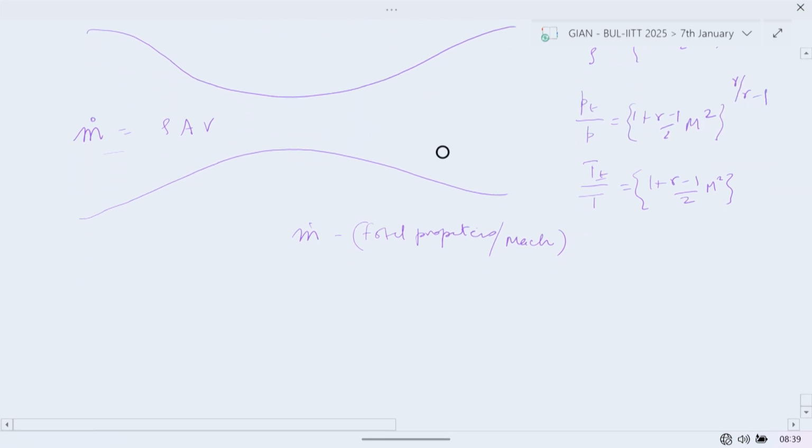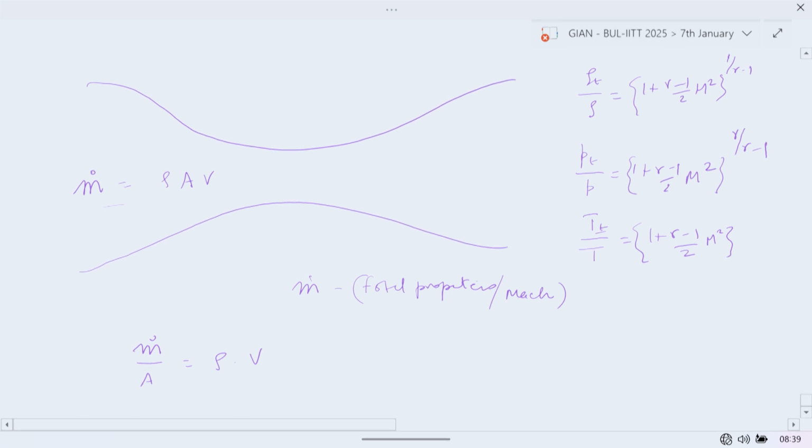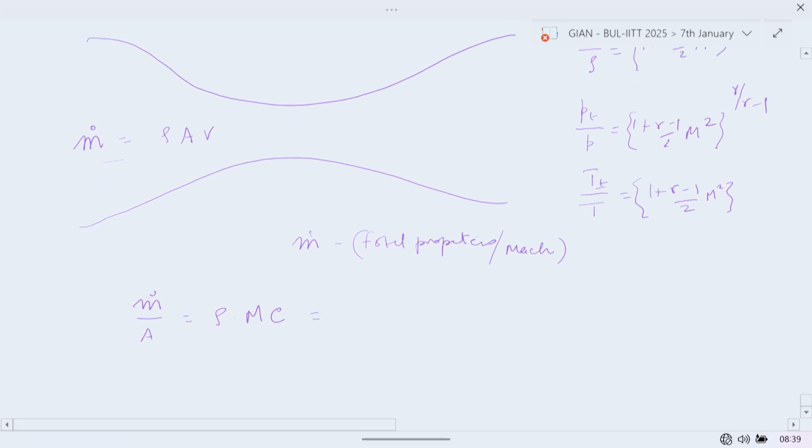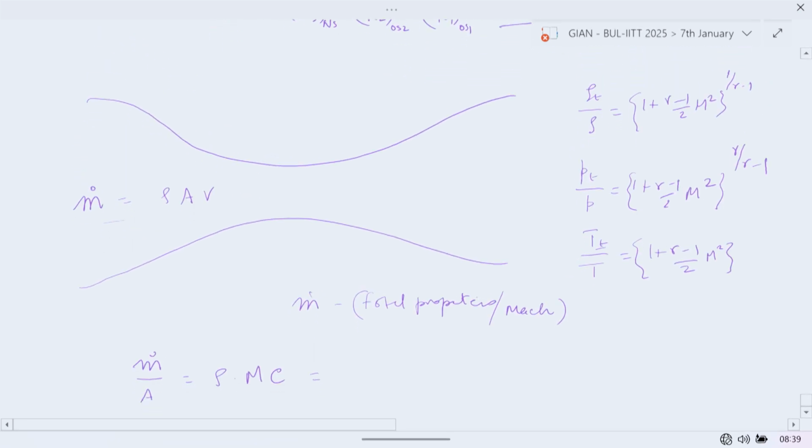So a very quick way to do it: the mass flow rate per unit area is rho V. If you want to express it in total properties, V is equal to M c. Rho, from this equation, I can write as rho t divided by (1 plus (gamma minus 1) by 2 M squared) power 1 by gamma minus 1.